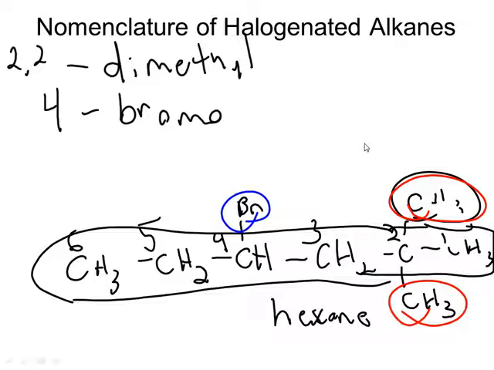And as always, the di doesn't count as part of the alphabetization. So we start with 4-bromo, 2,2-dimethyl, hexane. So it's 4-bromo-2,2-dimethylhexane. Again, we're just naming all the parts, and in the case of halogens, we're just naming the halogens. Again, fluoro, chloro, bromo, iodo.